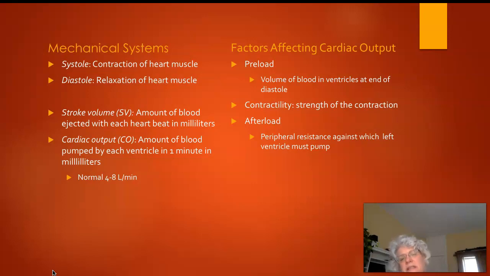And contractility is referring to the strength of the contraction of the heart. Afterload is referring to the amount of peripheral resistance which the left ventricle has to work against when it's pumping blood out into the system.